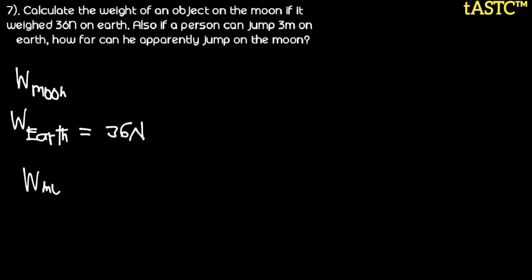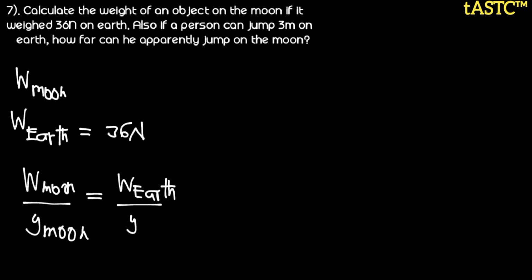You have the weight on the moon divided by the acceleration due to gravity on the moon, and that is equal to the weight of the object on Earth divided by the acceleration due to gravity on Earth.